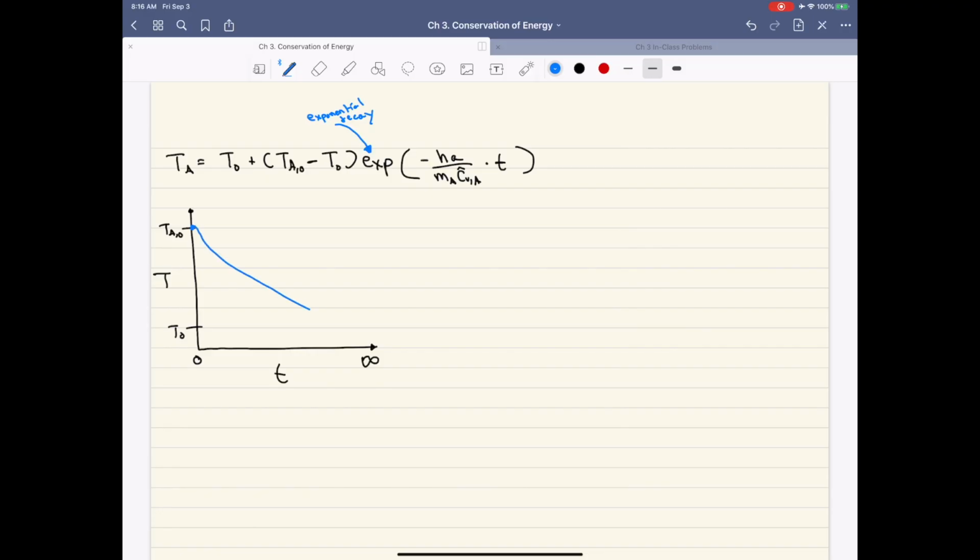Oh, let me draw this a little bit sharper. You'll get something that looks like this.